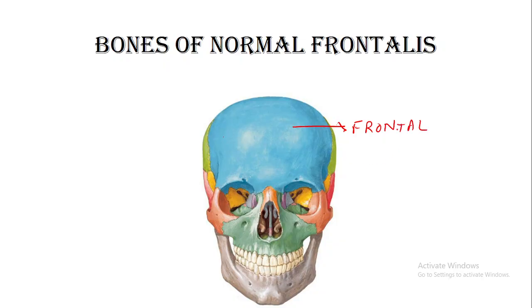The frontal bone mainly forms the forehead and the superior and anterior portion of the cranium or the skull vault. Then coming to paired nasal bones.